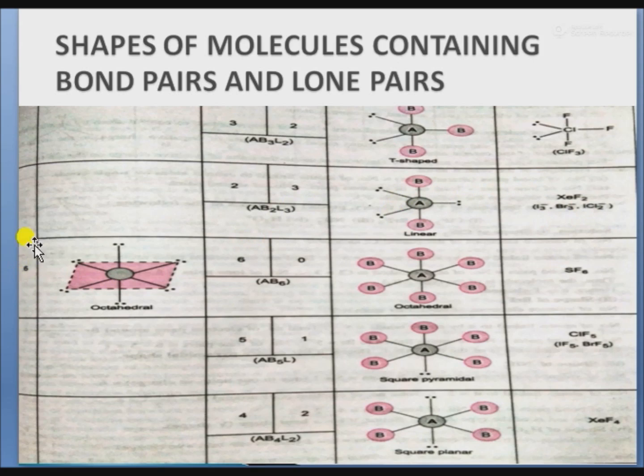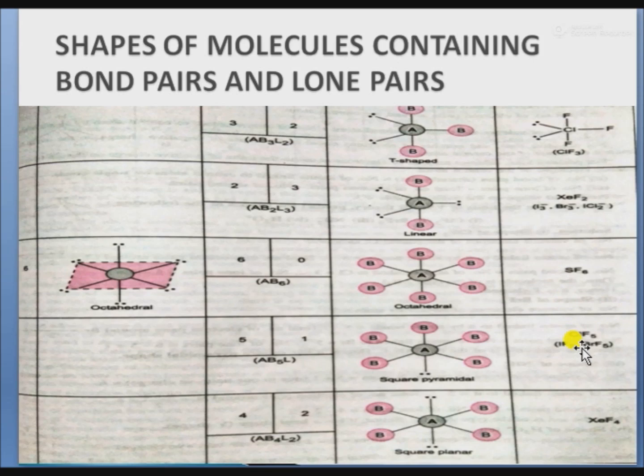Next, if there are 6 electron pairs, then the geometry is octahedral and its formula is AB6, in which 6 atoms are arranged around the central atom at the octahedral corners. Its example is SF6. If there are 5 bond pairs and 1 lone pair, its geometry is square pyramidal and its formula is AB5L.